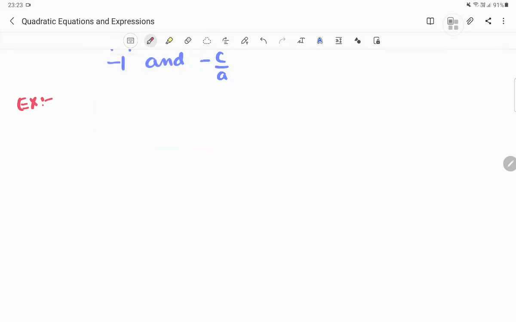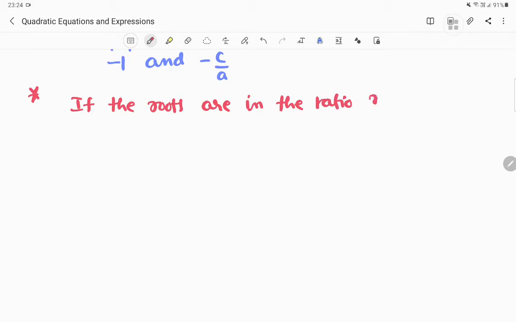Before example, what we can do is, if the roots are in the ratio m is to n, then m plus n whole square into AC is equal to mn into b square.